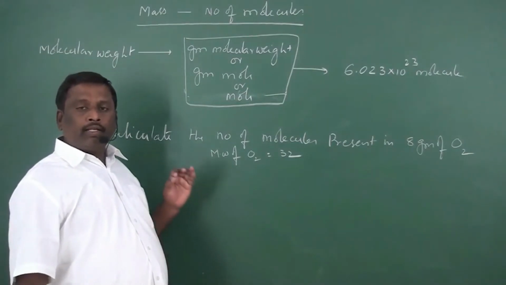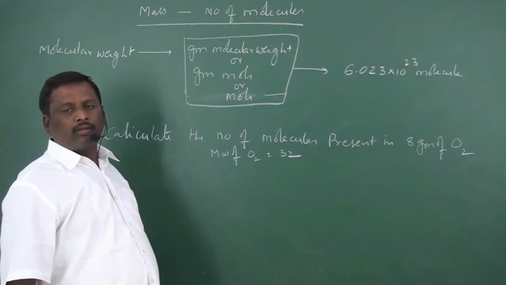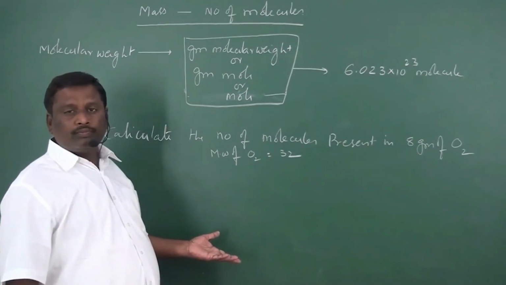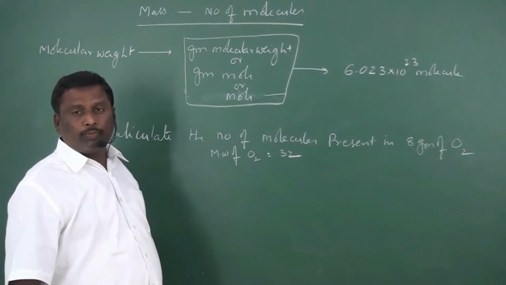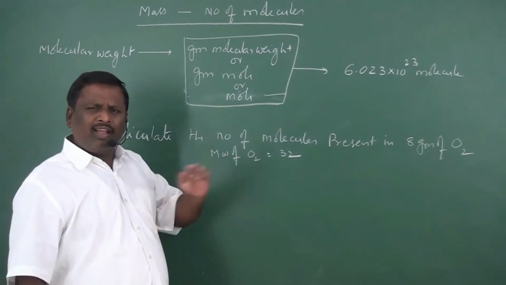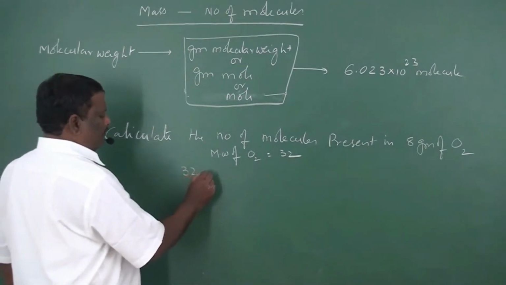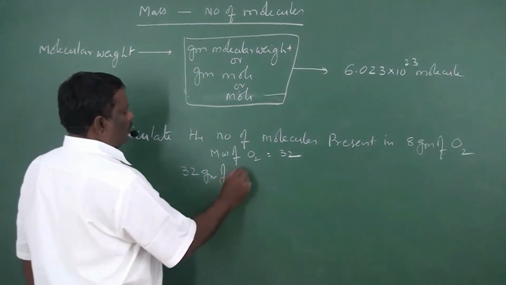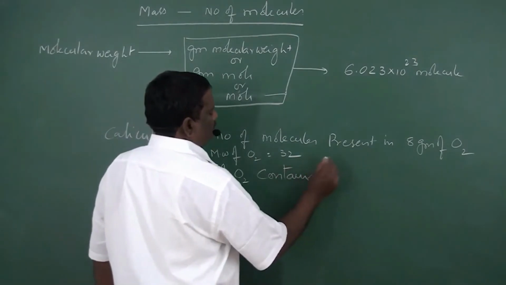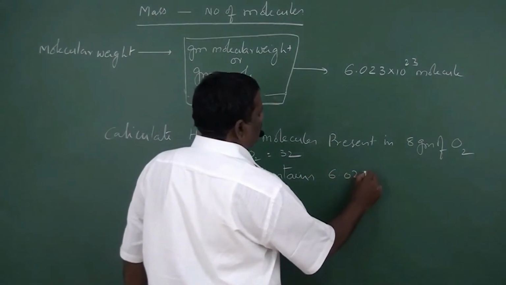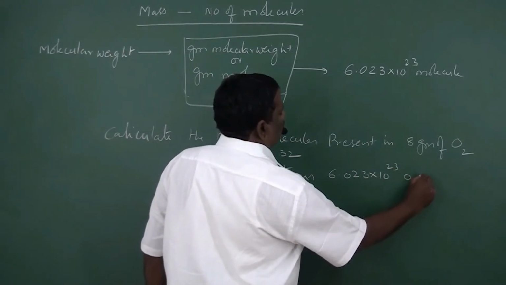So if you take 32 grams of oxygen, that means the gram molecular weight of oxygen is equal to 1 mole. And 1 mole of any substance will contain 6.023 into 10 to the power 23. That is the standard relation. So 32 grams of O2 contains 6.023 into 10 to the power 23 O2 molecules.